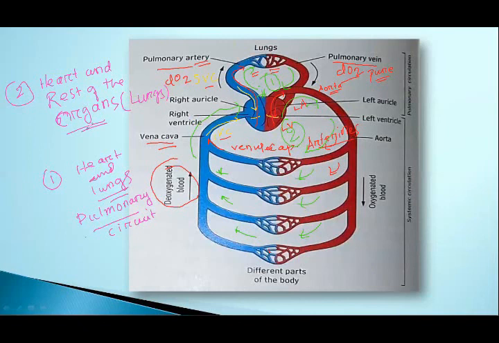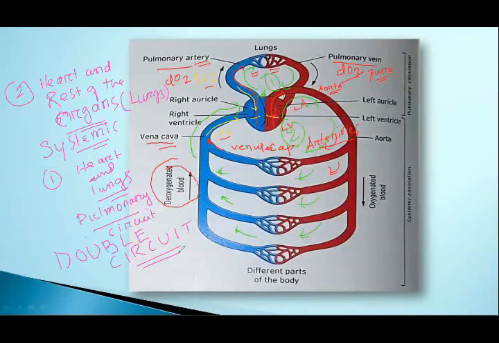So this second circuit is what we call the systemic circuit. So how many circuits did you see? Two circuits are there, and that is the reason we call our circulation double circuit. Human circulation is considered double circuit circulation for this particular reason.